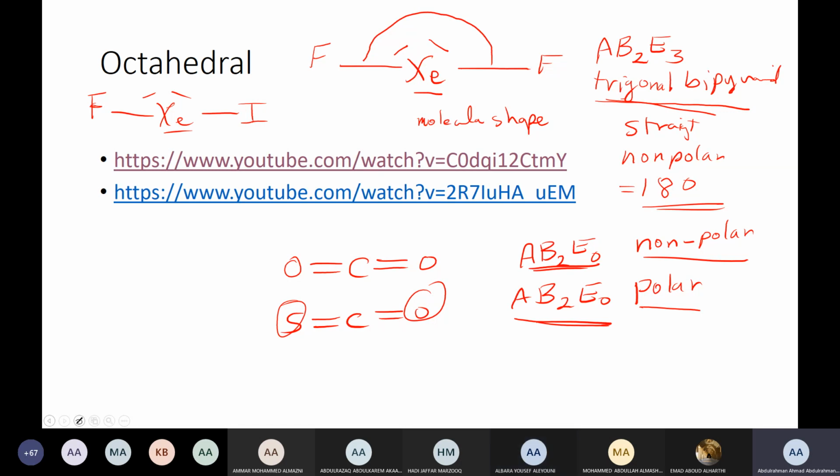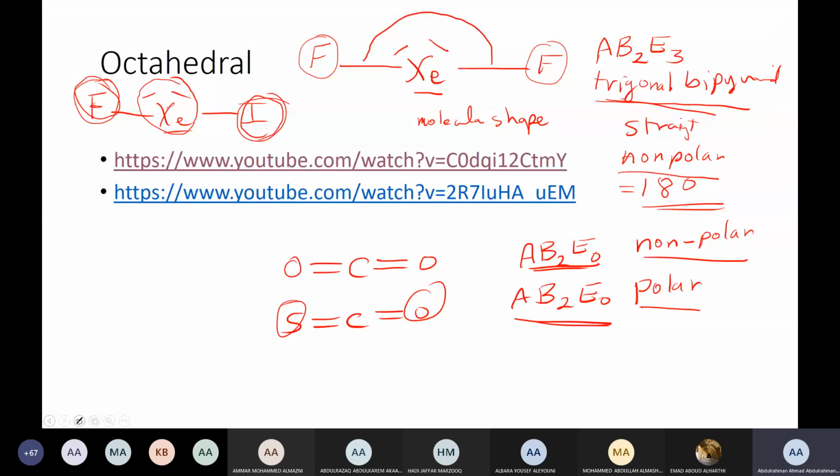That's why whenever you change the terminal atoms, these are called terminal atoms, and this is called, what's the name of this one? Central. And these are terminal. If the terminal atoms in this molecule are the same, then it will be non-polar.